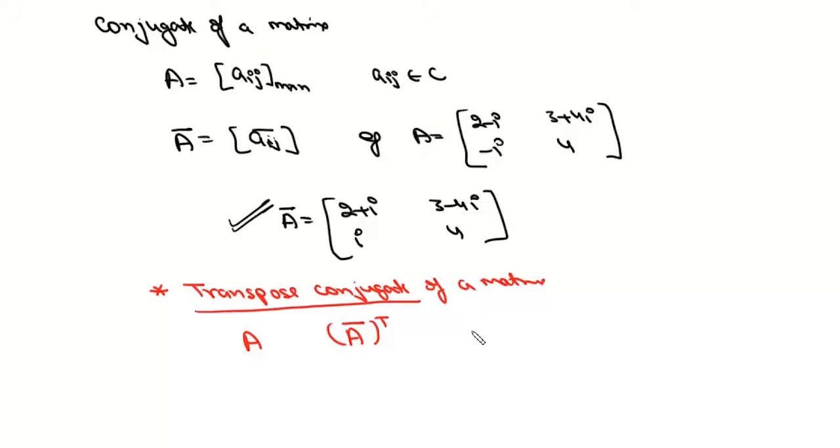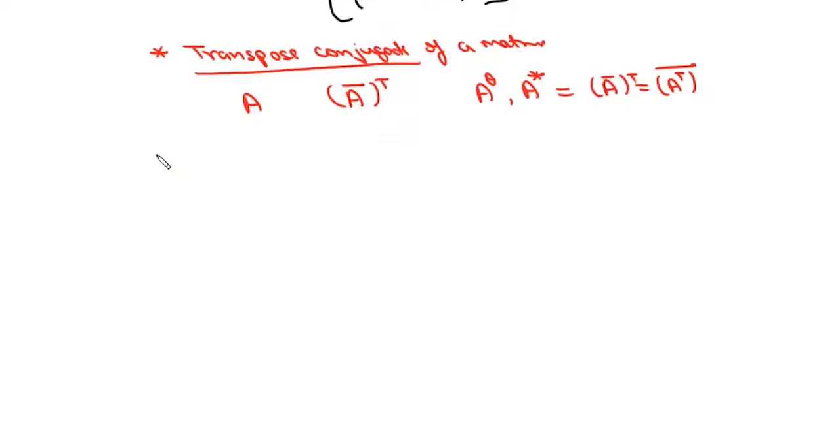Now transpose conjugate is generally denoted by this A theta, or in some books it is written as this A star. Now this A star is transposed conjugate of this matrix A. We can take a conjugate and then take a transpose, or we can take a transpose and then take this conjugate.